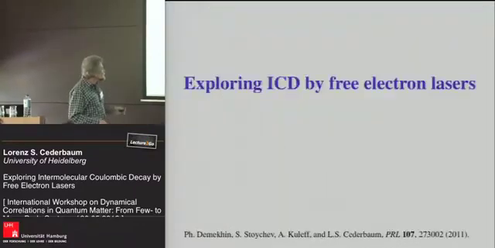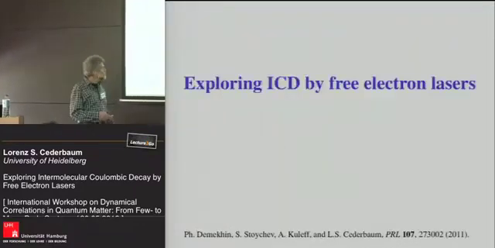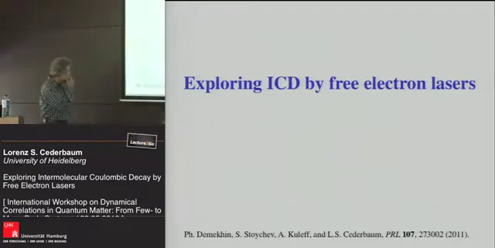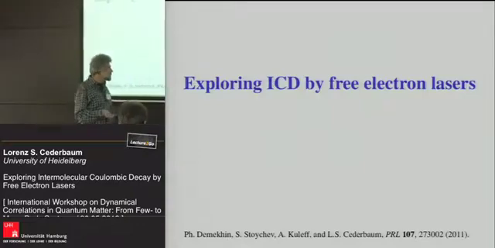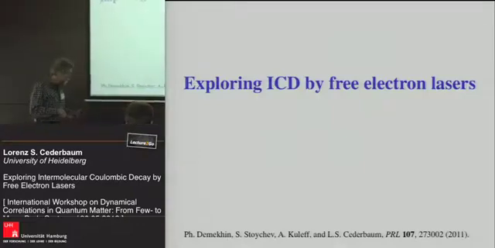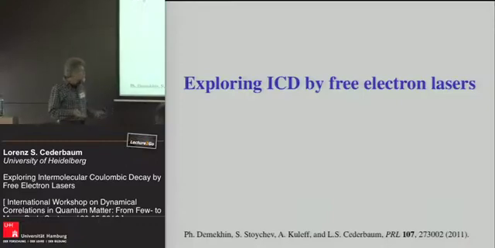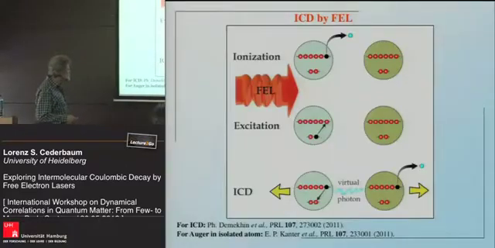Now I go to actually the title of my talk. So we thought about what to do if you have a free electron laser at your disposal, with sufficient intensity, and of course also the frequencies we need. So here is a cartoon and the scheme.